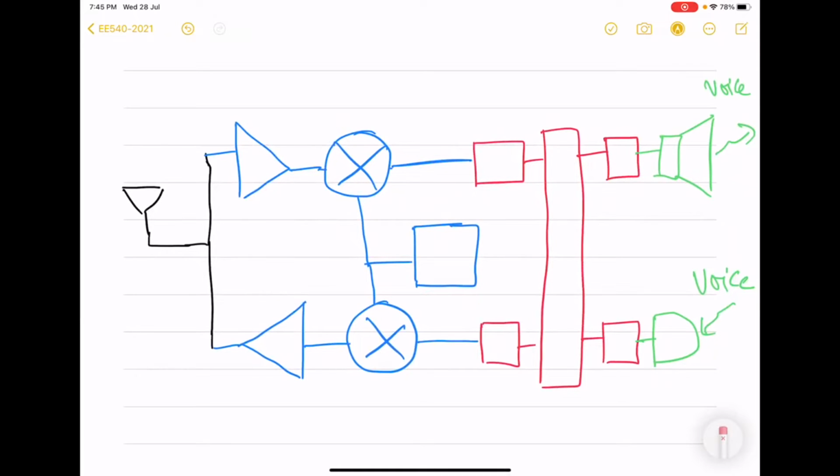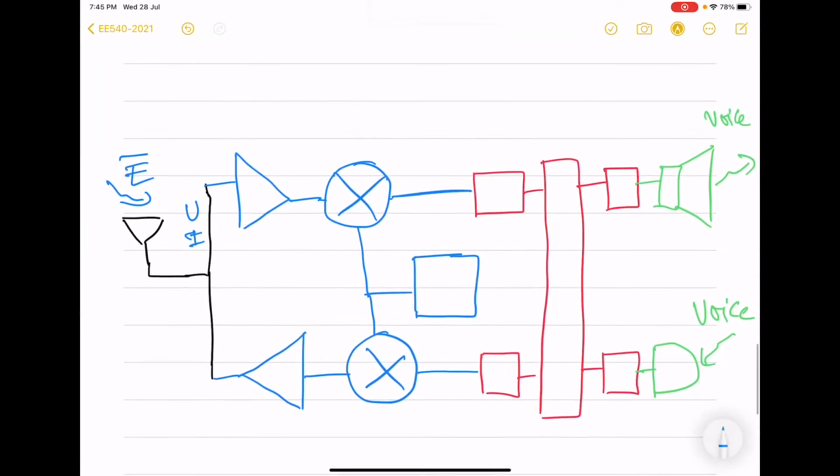When signal is received by antenna as an electromagnetic wave, the voltage or current that it produces is sensed by an amplifier called LNA, low noise amplifier.